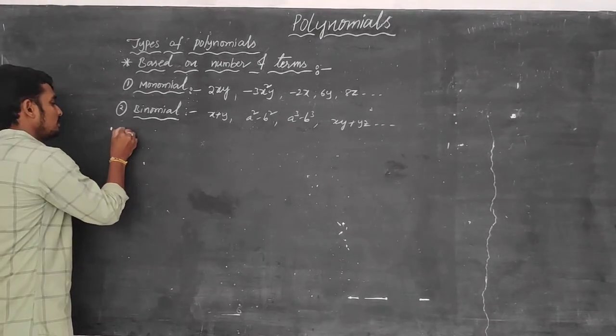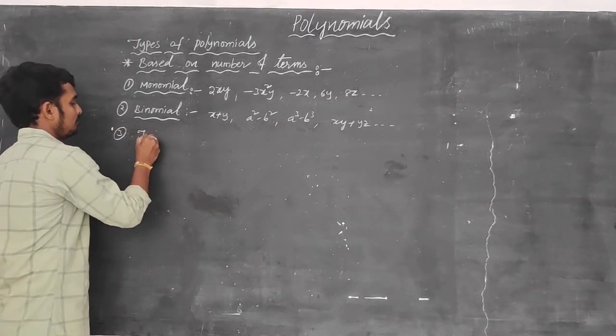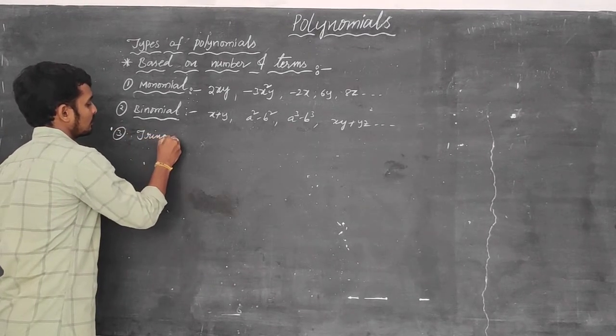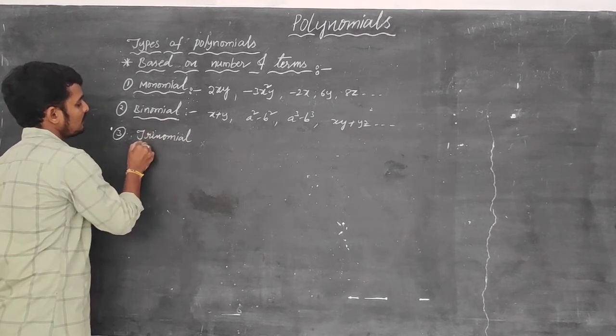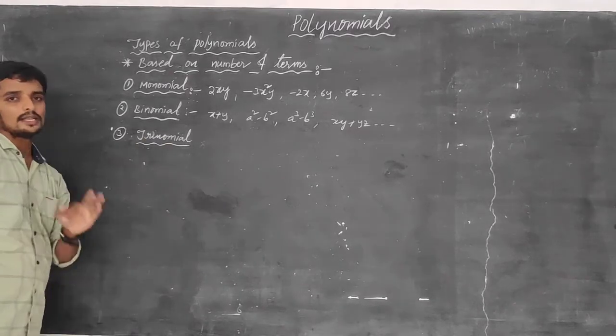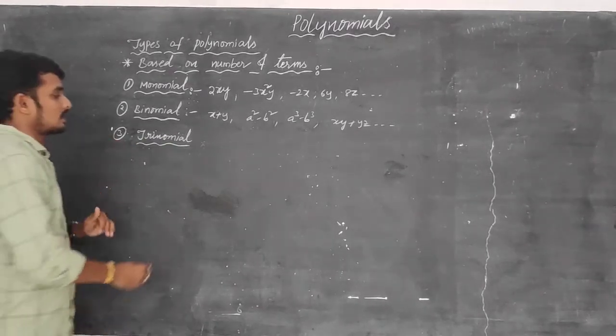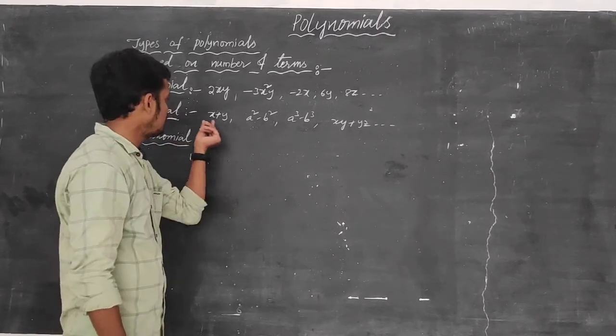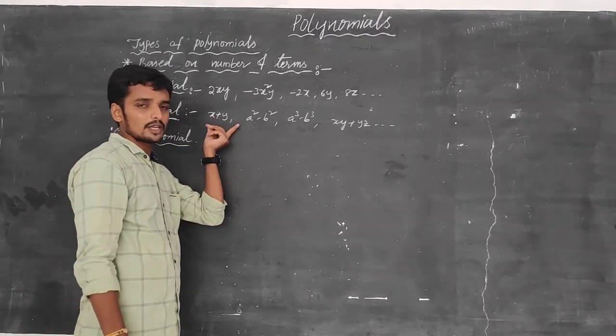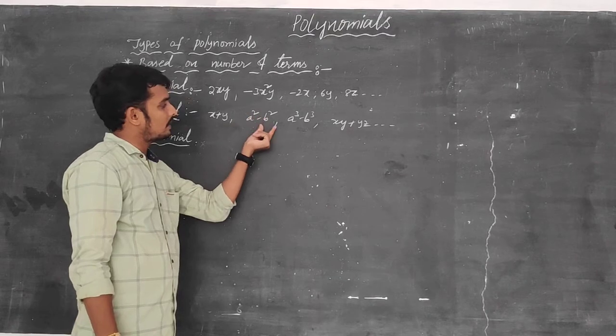And the third one is trinomial. There is a word tri. Tri means three. An algebraic expression that contains three exact terms, three unlike terms, not like terms. If you see here, x and y are not like terms, they are unlike. A square, b square, unlike.